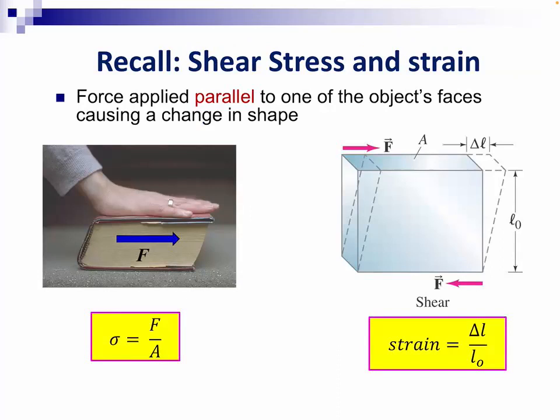Now for fluids, you can think of shear stress and strain in a similar way. So if you imagine that the book covers are two plates, and sandwiched between those two plates is a fluid. If you apply shear stress on the top surface while the bottom surface is fixed, and the pages here you can imagine as the fluid, you will see that the fluid on top will move faster compared to the fluid at the bottom.